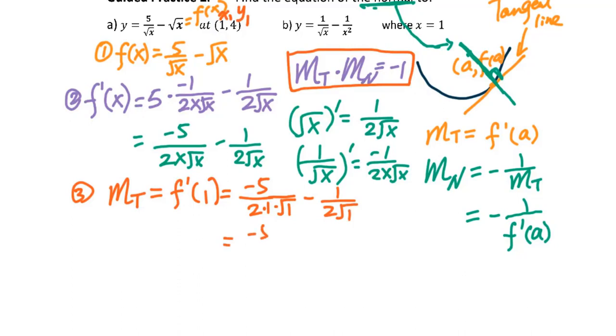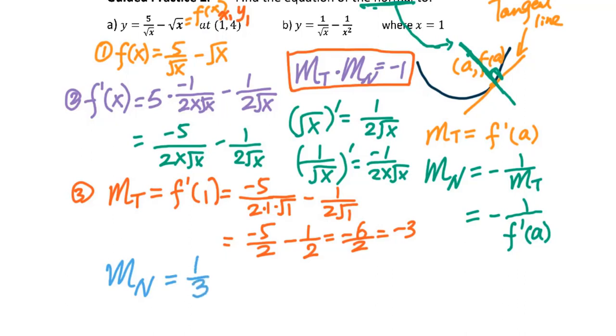So you get negative 5 over 2 minus 1 over 2. You will get negative 6 over 2 equals negative 3. Therefore, for slope of a normal line, you will do opposite, that's 3. Reciprocal, you will get 1 over 3.